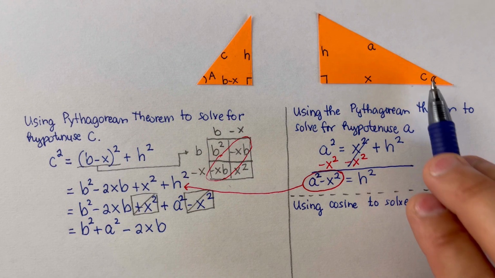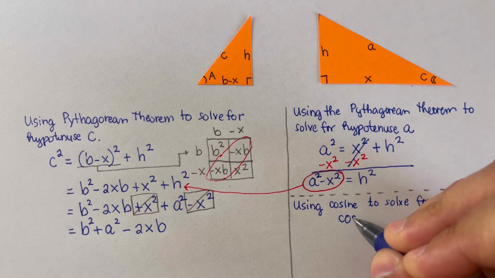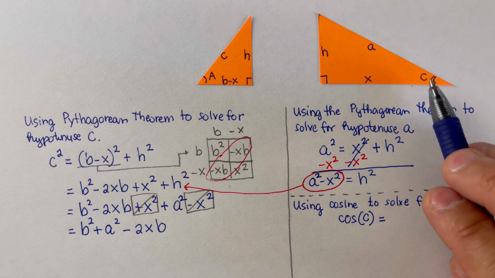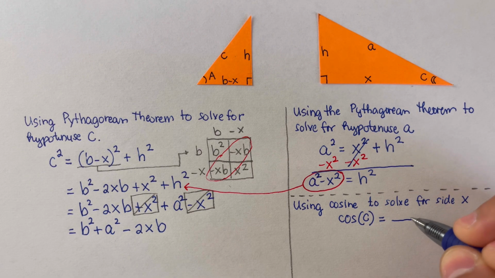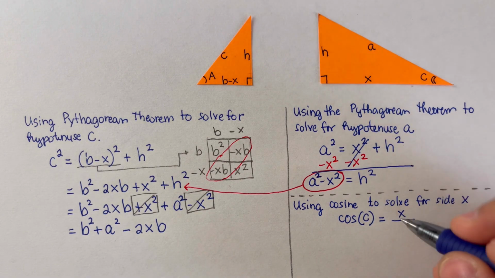The angle that we have here is angle C. Cosine of angle C is equal to adjacent over hypotenuse. The adjacent of angle C is x, so I write x here, and the hypotenuse of this triangle is a.